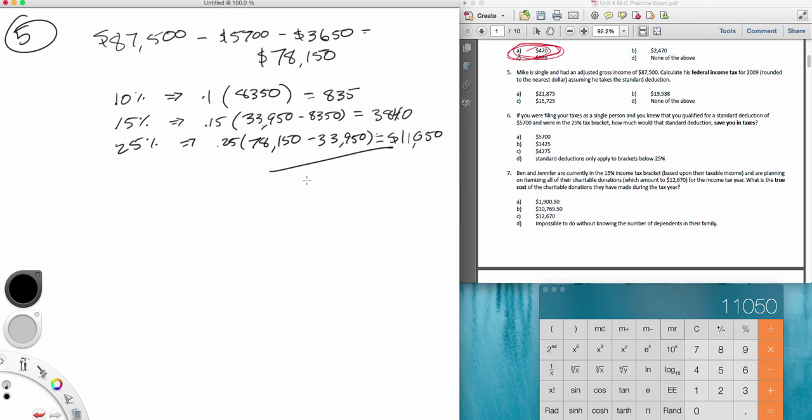So we'll add all three of those up together. $3,840 and add to it $835, and so we have a total of $15,725.